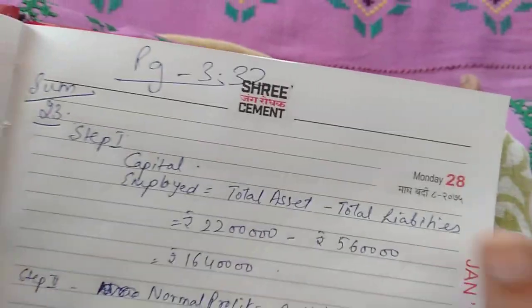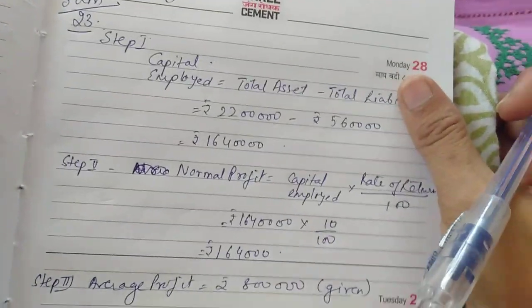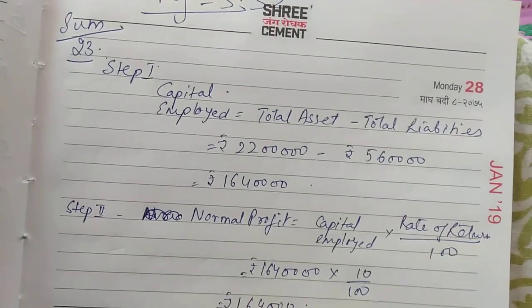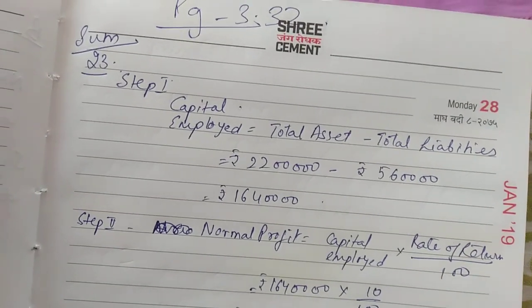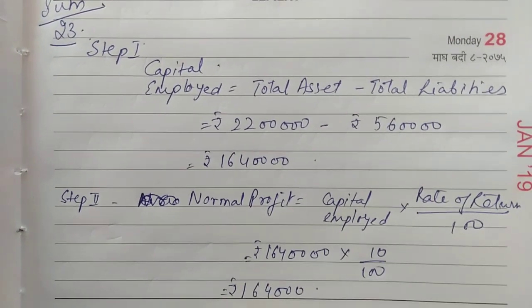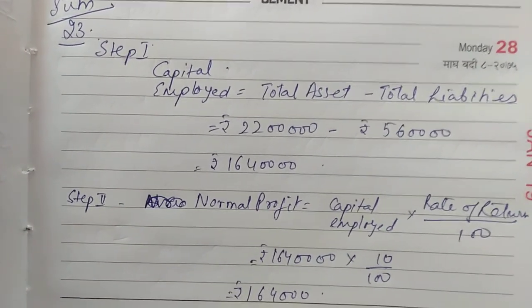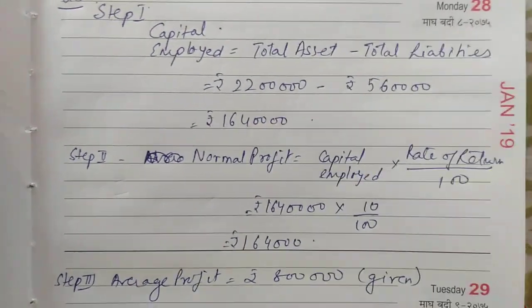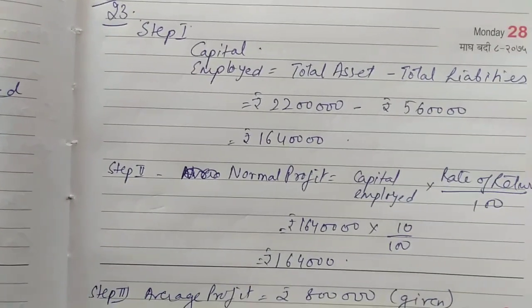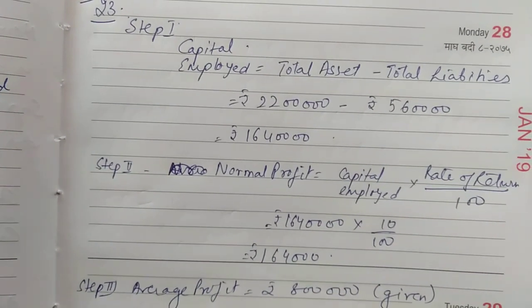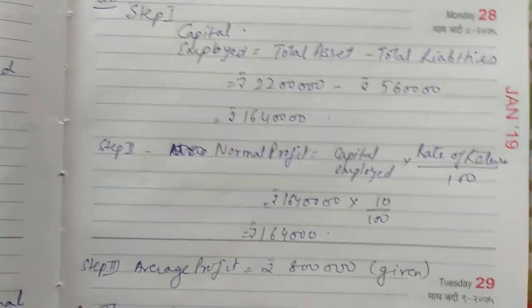So, a firm earned an average profit of 8 lakh during the last few years. The normal rate of return is 10%. Total value of assets and liabilities is 22 lakh and 5,60,000 respectively. Calculate the value of goodwill by the super profit method at 2.5 years' purchase of super profit.